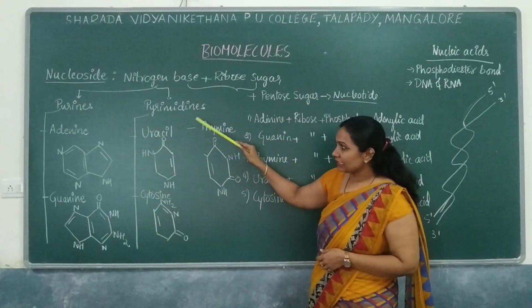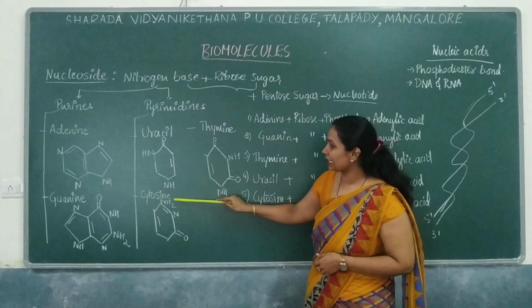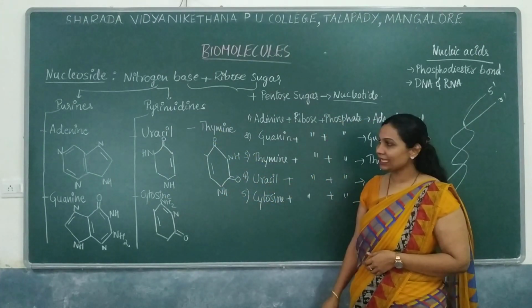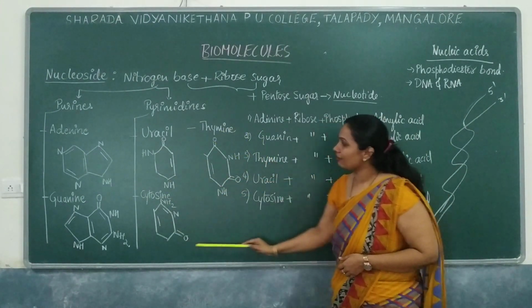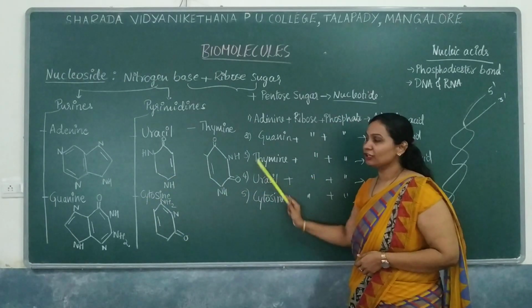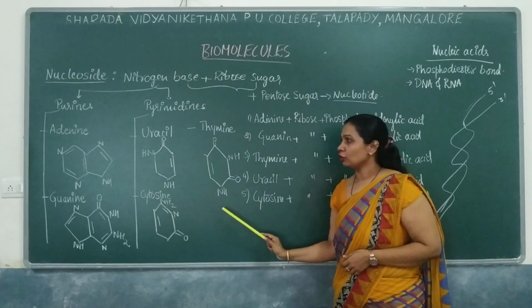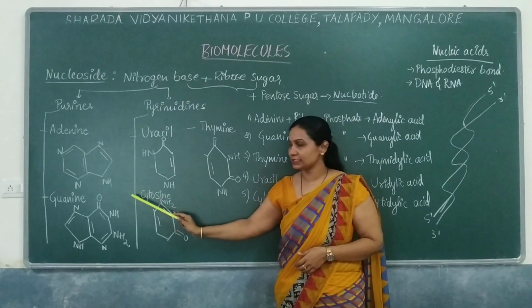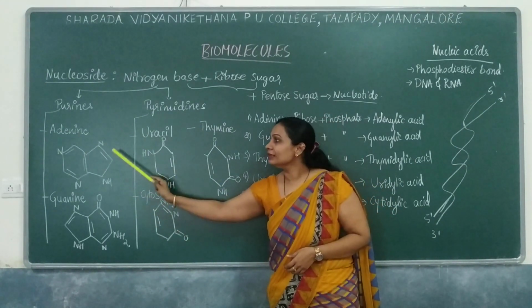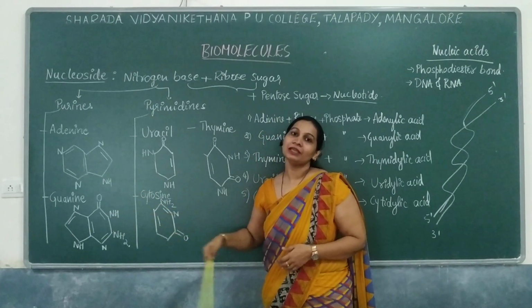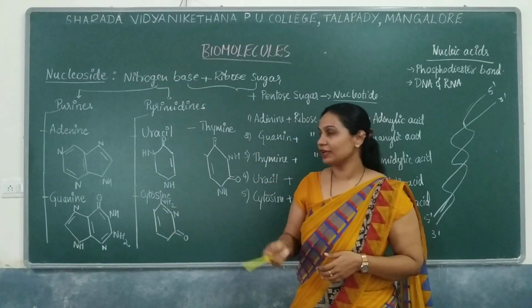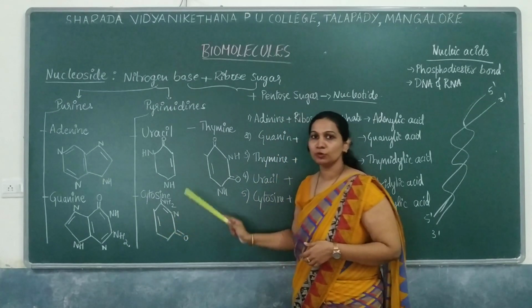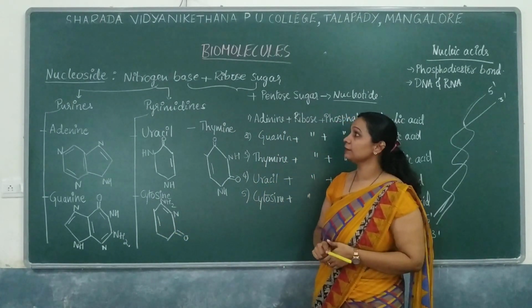Whereas pyrimidine has uracil, cytosine as well as thymine, which have a single heterocyclic structure. Okay, so sometimes these structures can be asked in the exams. They may give you these structures and ask you to identify them. So that is regarding the purines as well as the pyrimidines.